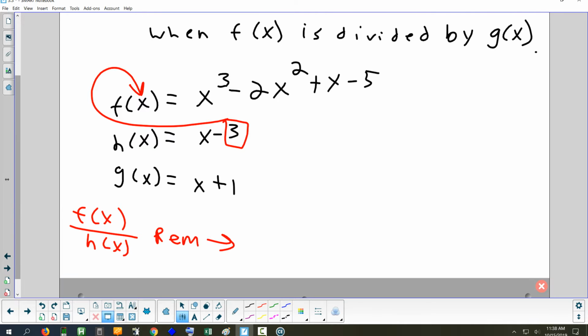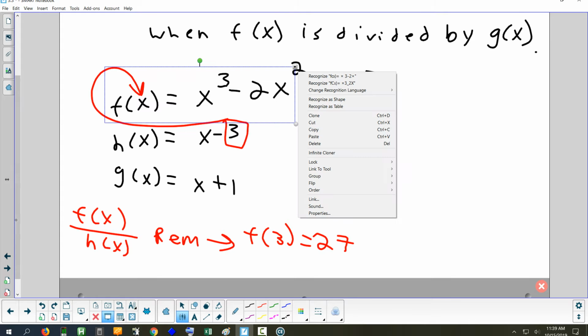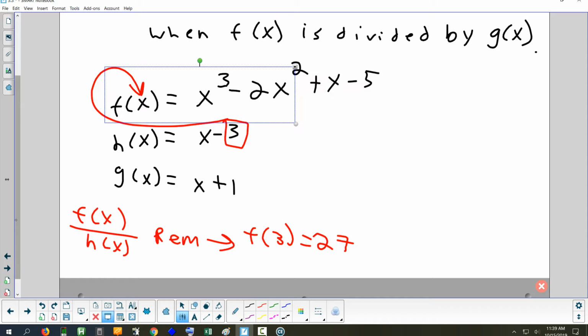So let's see what we get. F of 3. Okay. What's 3 to the 3rd power? That's 3 to the 4th. Yep. 27. Make sure you follow PEMDAS. 3 to the 2nd power? 9 times 2? 18.